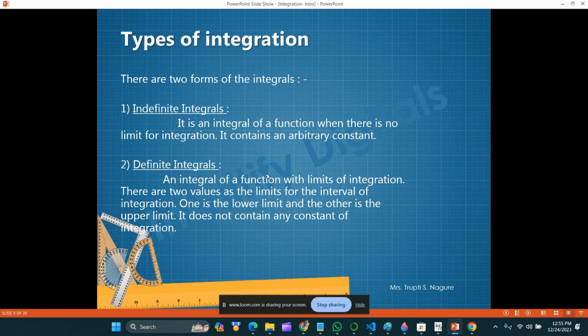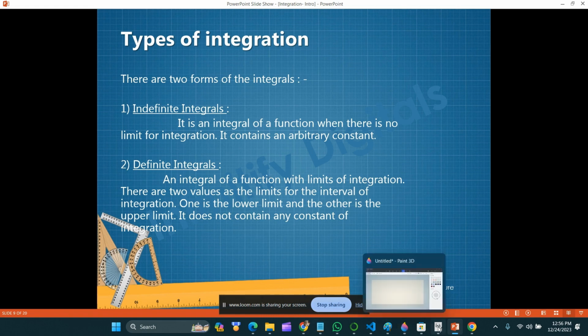If you remember statistics, there are class intervals like 0 to 10, 10 to 20, 20 to 30, where one is the lower limit and the second is the upper limit. Similarly, integration has a lower limit as well as an upper limit. As it has its own limit, it does not contain any constant.